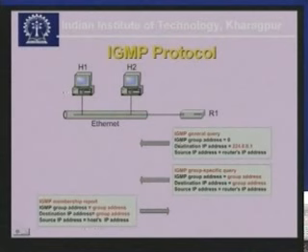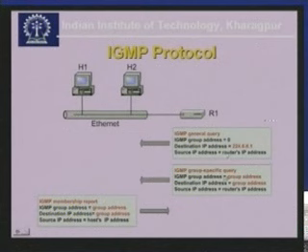That means this query is for all the hosts, for all the groups, and the destination IP address is the broadcast in this subnet. You remember 224.0.0.1 is the broadcast in this subnet, and the source IP address is the router's IP address.